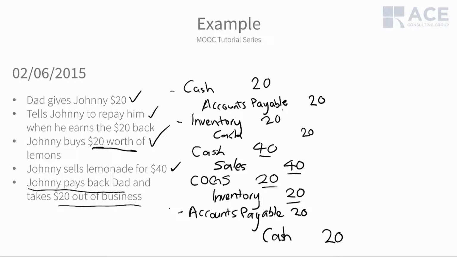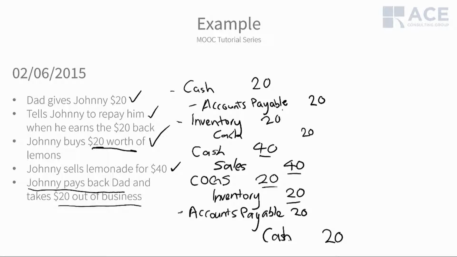Because if you look back up here, the accounts payable increased when we credited $20. So over here, by debiting $20, we're actually decreasing the amount that we have to pay back. And in the same case, for cash, we're decreasing it when we credit $20. So this again balances and it matches out.